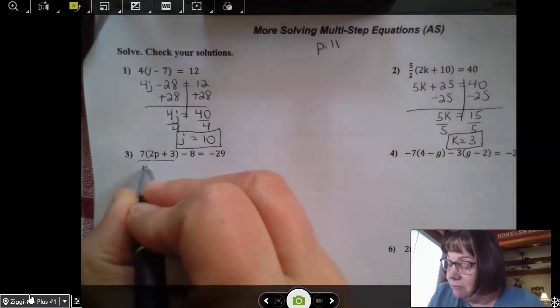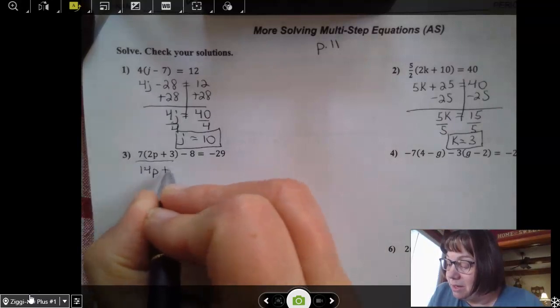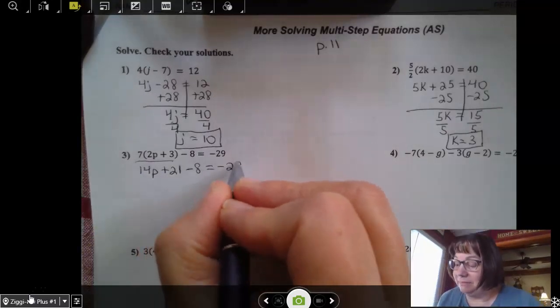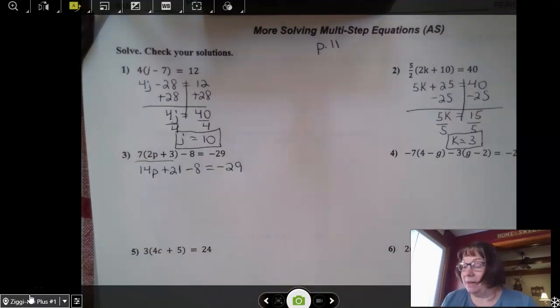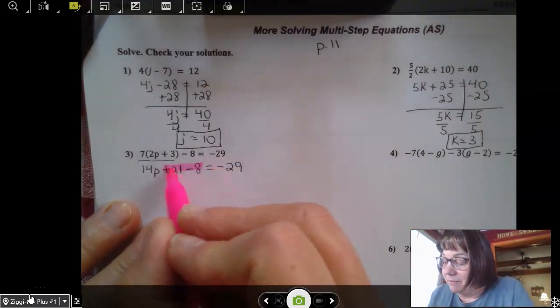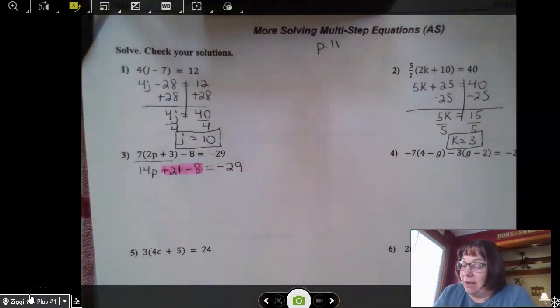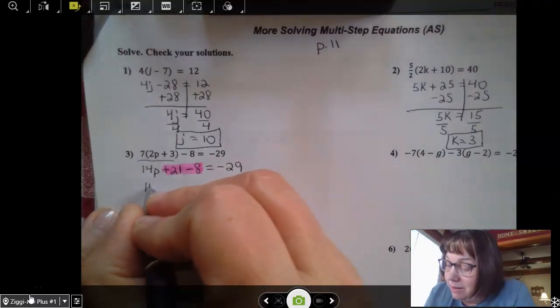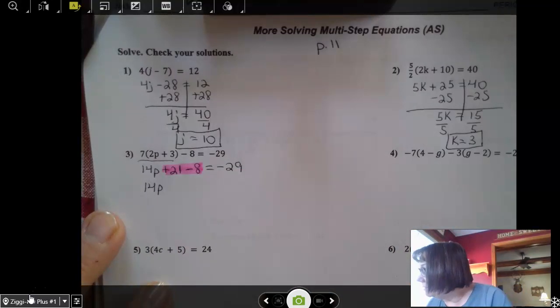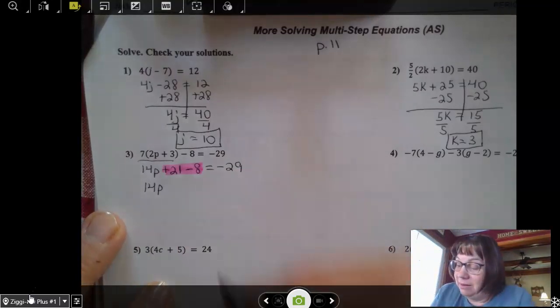Number 3, I see I have the distributive property, so I'm going to start there. 14p plus 21 minus 8 is negative 29. I'm going to combine my like terms. When I look at this, the things that are the same are my constants right here. So I have 14p, and 21 minus 8 is 13.